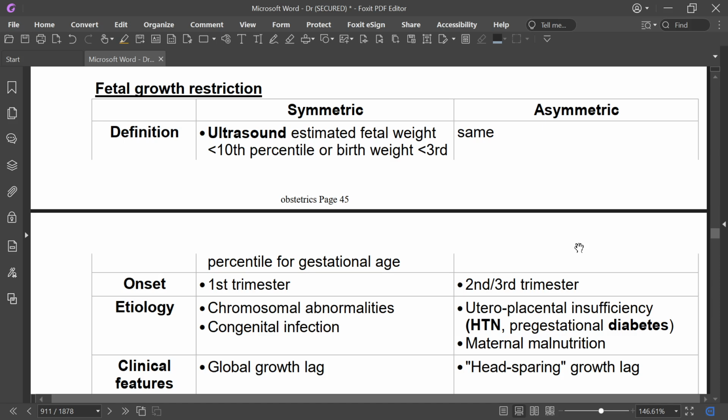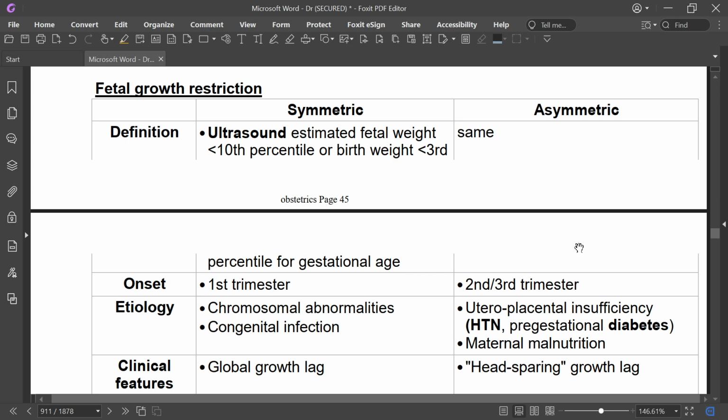Ultrasound estimated fetal weight less than the 10th percentile and birth weight less than the 3rd percentile for gestational age is known as fetal growth restriction.